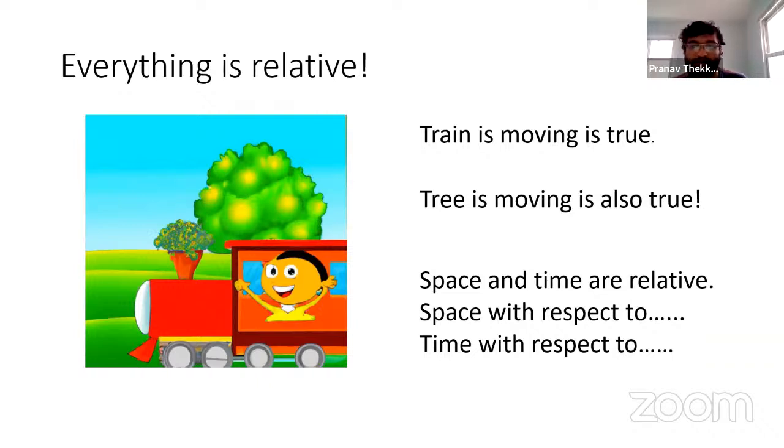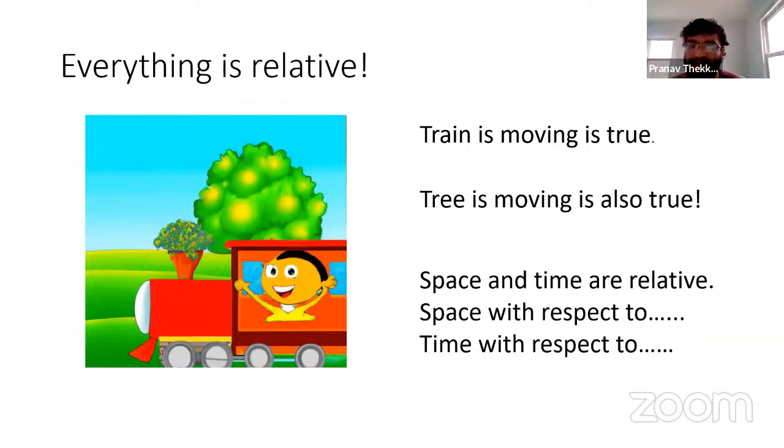But if we change this perspective and define what is movement, the kid is in fact at rest, because the kid is not moving, and the tree is in fact moving. So the train is moving is also true, the tree is moving is also true. The question is with respect to what.